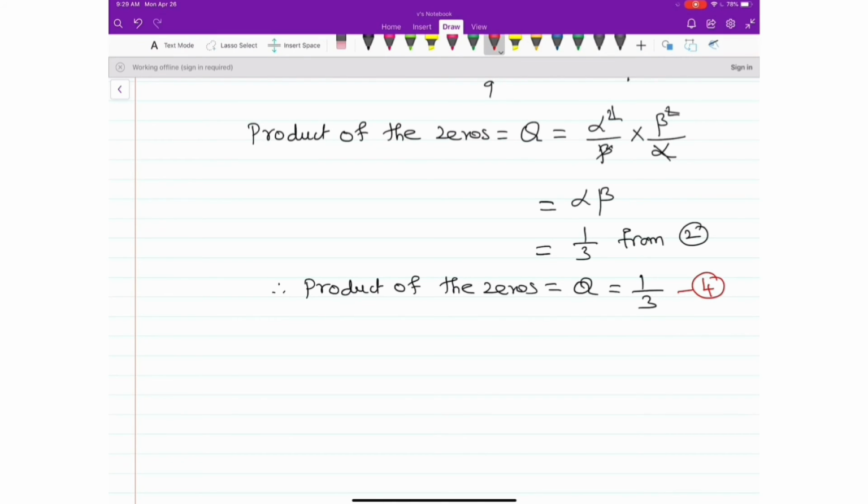Using 3 and 4, we have to write the required quadratic polynomial. So let me write now.